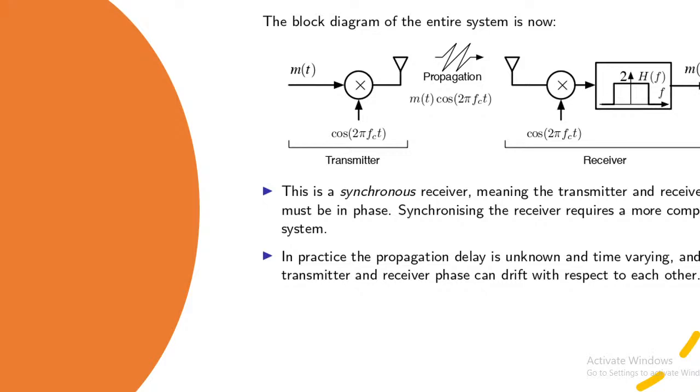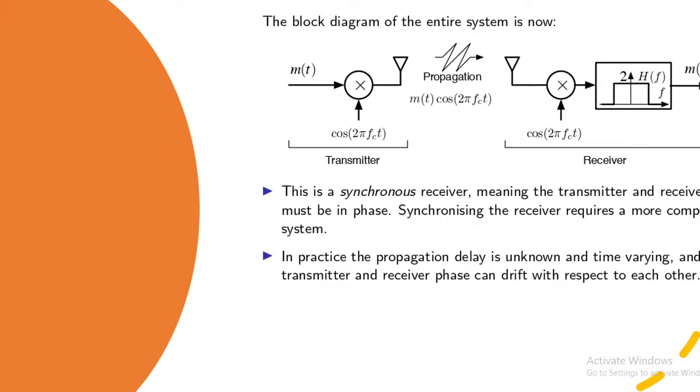If they are not synchronized, the receiver's cos 2 pi fct can be cos 2 pi fct plus theta. If you multiply cos 2 pi fct plus theta with m(t) cos 2 pi fct, you will not get back m(t). So you require theta to be 0. If there is a theta in the transmitter, that theta has to be there in the receiver.